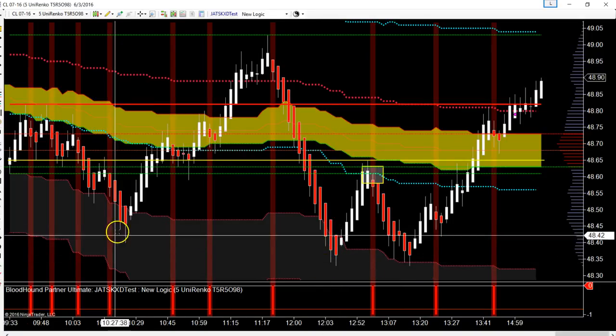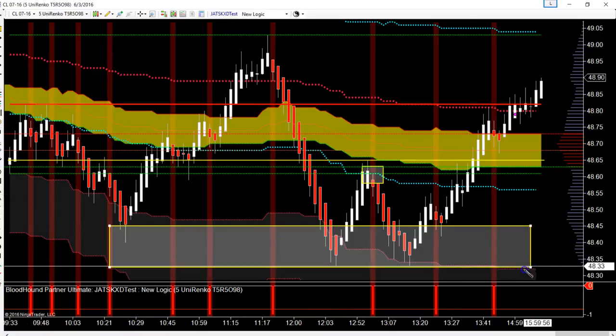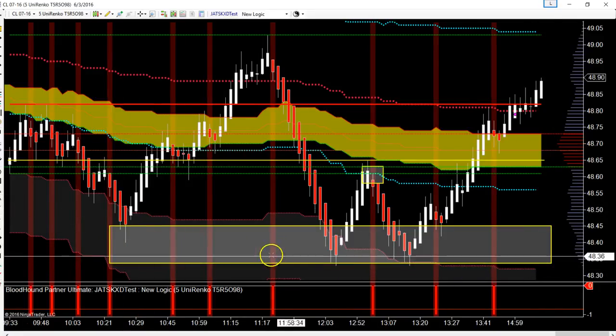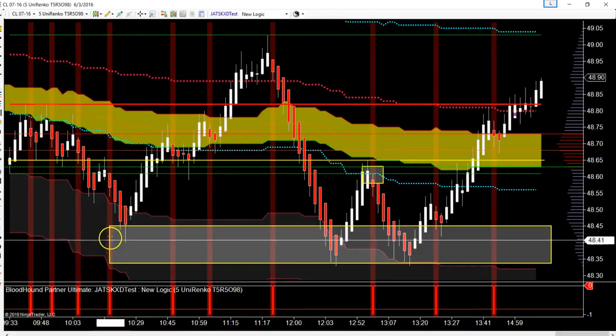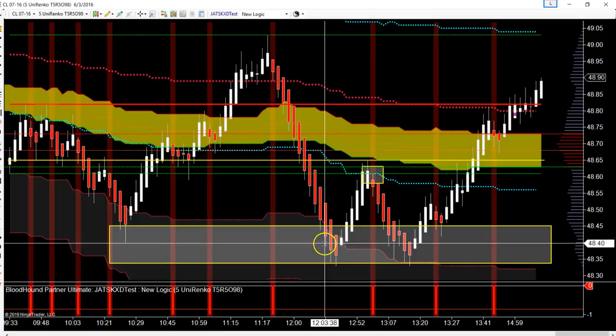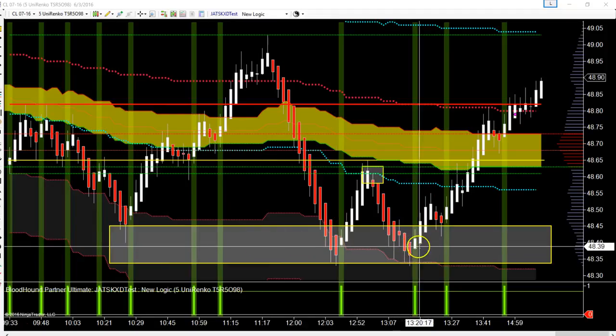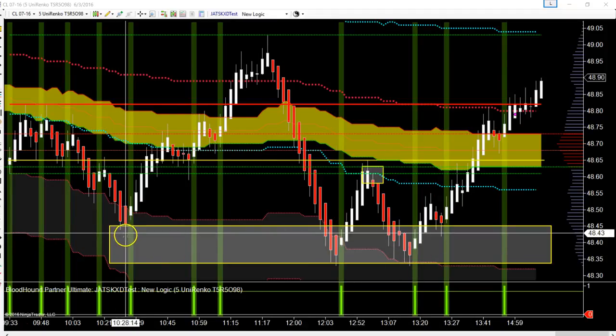Be careful of these wicks, because the wicks will show you where the trades should turn around. So if you get to a wick box, you want to be looking long at the wick box and just take these on the wicks.